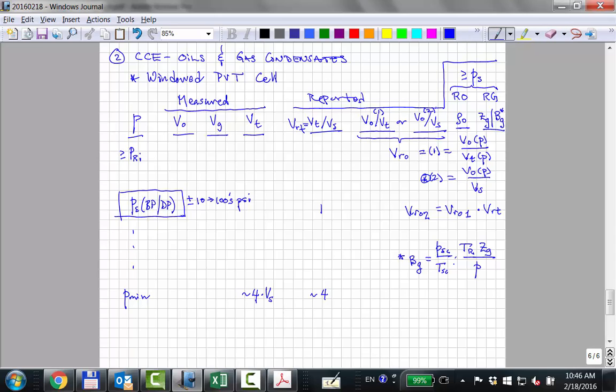It'd be 520 Rankine or 60 degrees Fahrenheit, 15.56 degrees C. This is just the standard definition of BG. They convert Z factor to BG. Why they do it, I'm not sure, but it's better to get the Z factor.